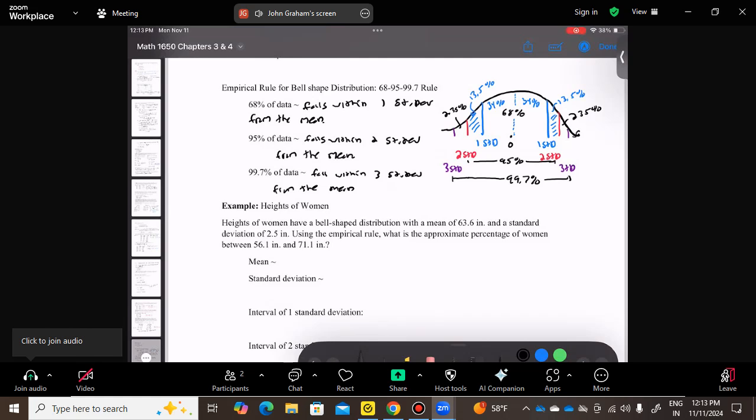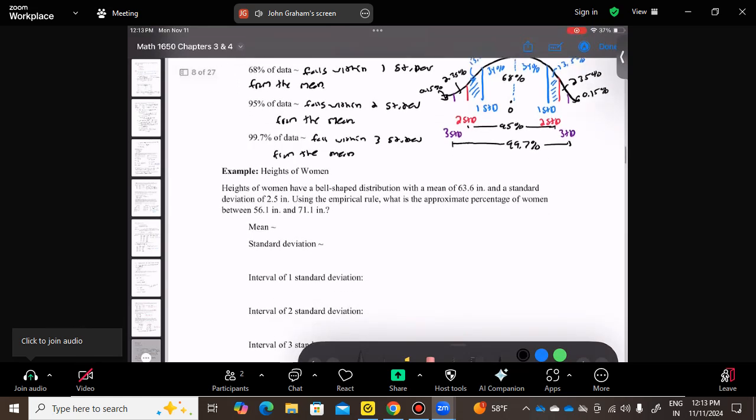So this would be 0.15%, and this would be 0.15%. Alright, so we can space them out or kind of do this geometrically based on these regions now.